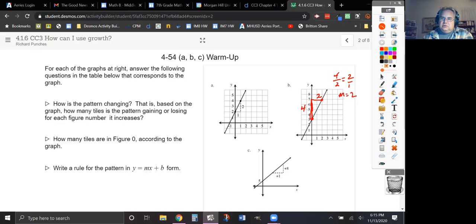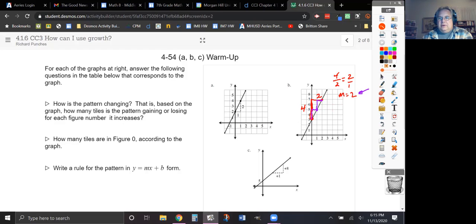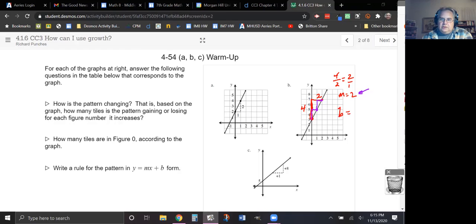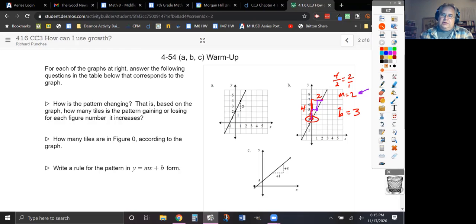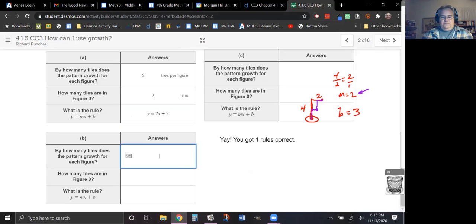You can also see that there's a midway point right here. If you go up 2 over 1, up 2 over 1, that's still the same rate of 2. Likewise, the b value is going to be right here where it crosses the y-axis at 3. So when I plug that information into my table, growth rate of 2 and figure 0, y-intercept of 3, I end up with y equals 2x plus 3.